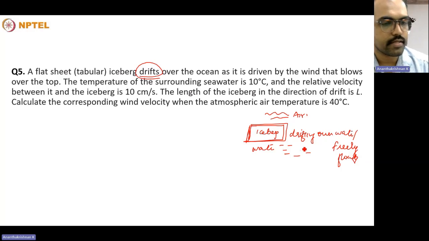In that case, the net force acting on it will be equal to 0. That means the shear stress, the force that acts, suppose it drifts in this direction.